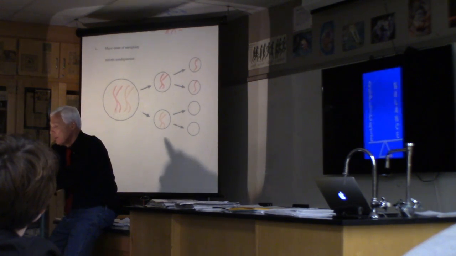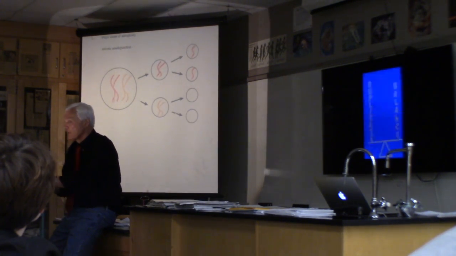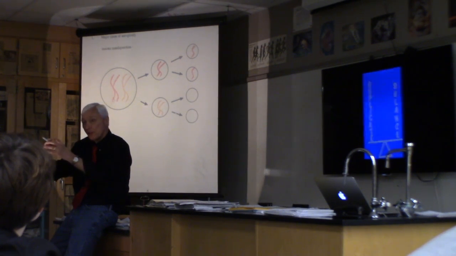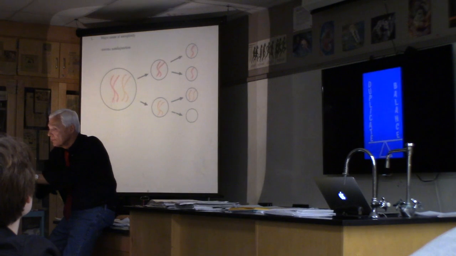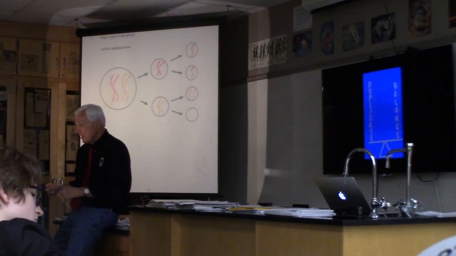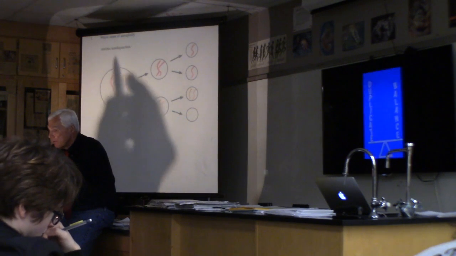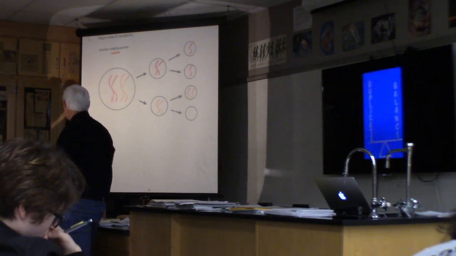So watch this. Maybe the two yellow chromatids are just a little slow pulling apart. The cell pinches in two, and they both get trapped in the same sex cell, like that. That's nondisjunction. Make sense? That's just the failure of chromosomes to separate during meiosis.